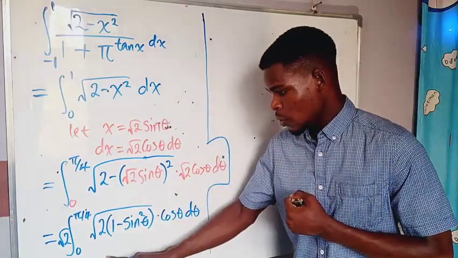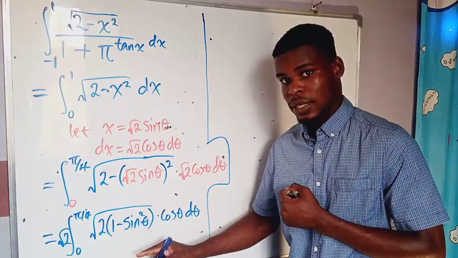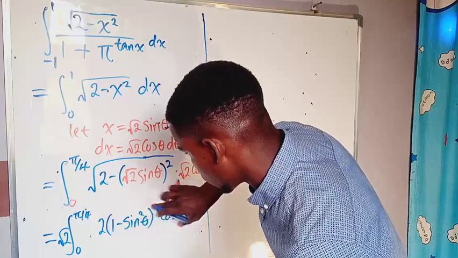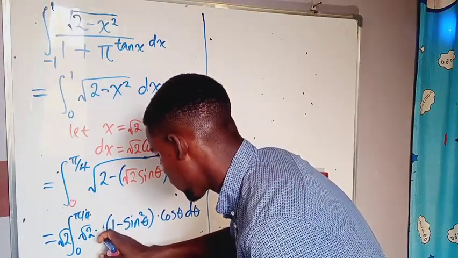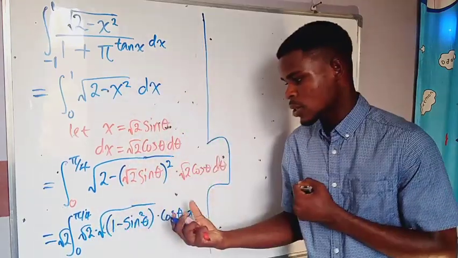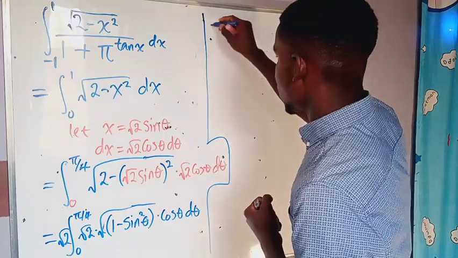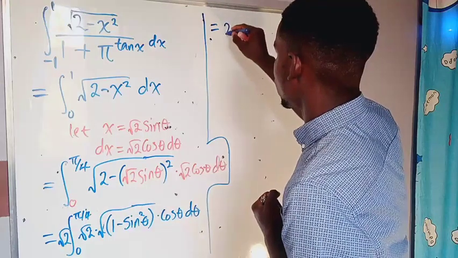Good. This is the square root of the product of 2 terms, the square root of 2 times 1 minus sine squared theta. You know that the square root of the product is the product of the square roots. So I'm going to put the square root of 2 here times the square root of this other term, because the square root of the product is the product of the square roots. Good. So that tells us that the square root of 2 times the square root of 2 will just give us 2 outside.